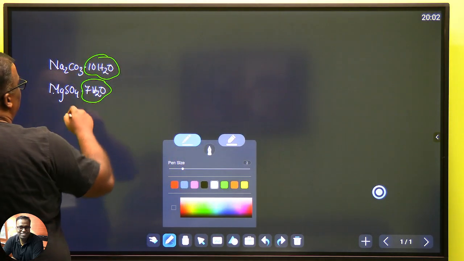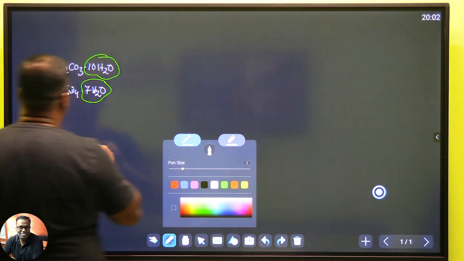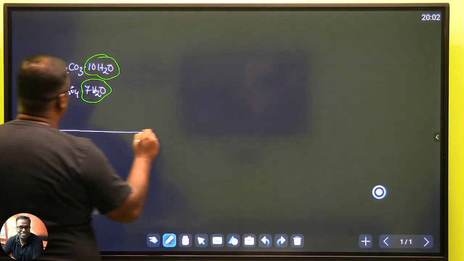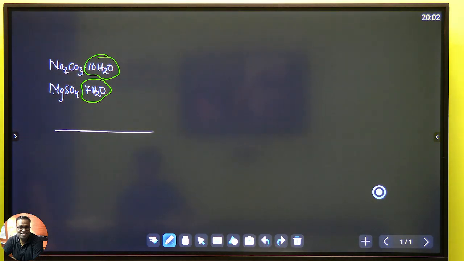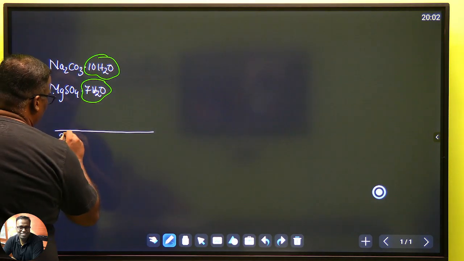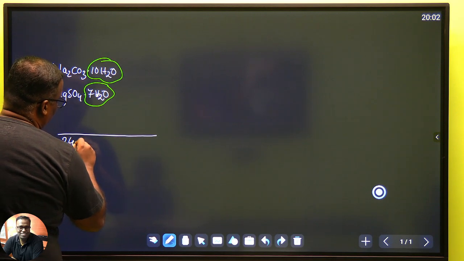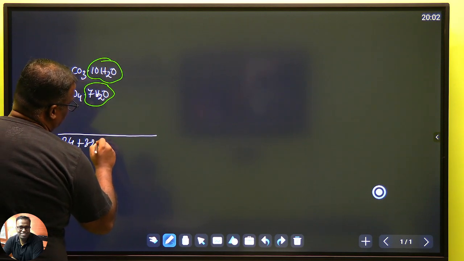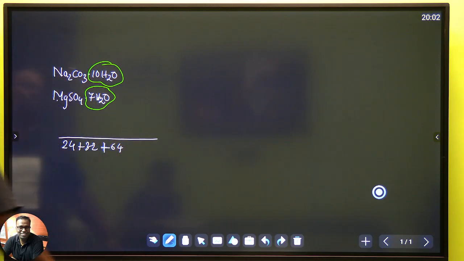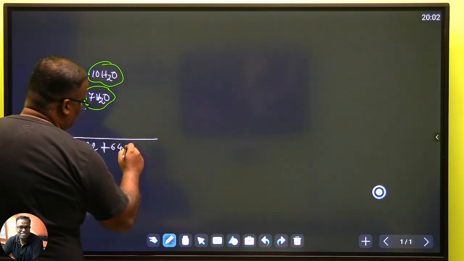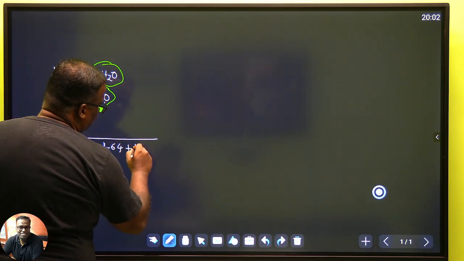Let's go for magnesium sulfate first. Come on. Magnesium sulfate, say, how much is magnesium? Magnesium is 24. Sulfur is 32. Very good. Oxygen is 64. Oxygen is 64. How much is the total? Then 7H2O will be added with it. 7 times of water.